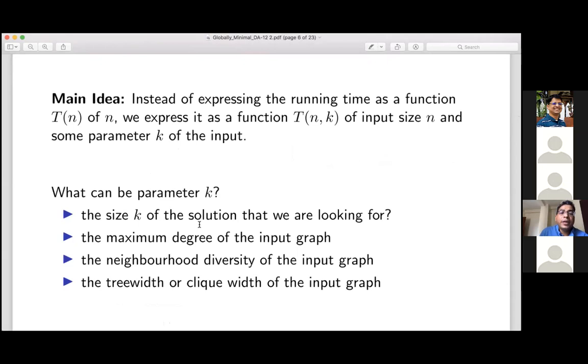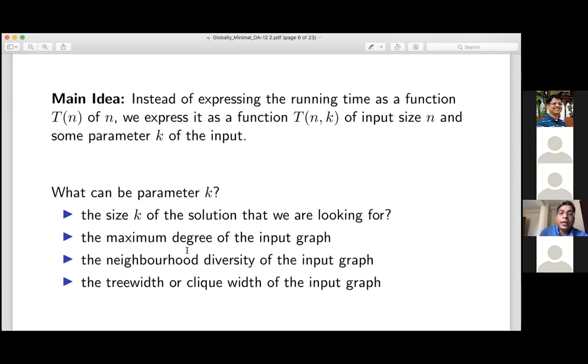The parameter could be the solution size. Like here, I am looking for a maximum size minimal defensive alliance, so I am asking whether, given a graph, it has a minimal defensive alliance of size k. So k, the solution size, could be a parameter.